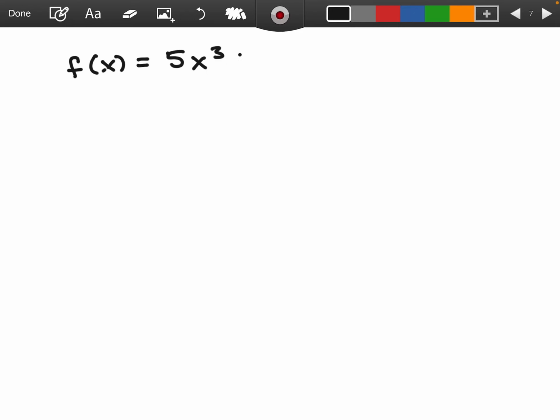A couple more that I want to go through. I said this before, but I just want to make sure that we are all on the same page.